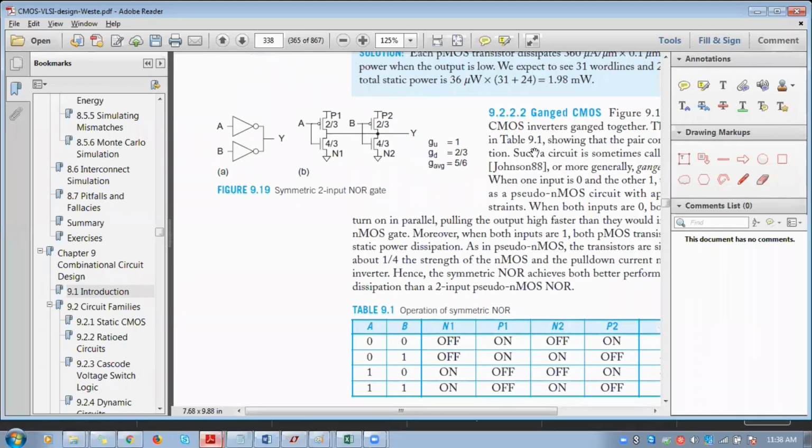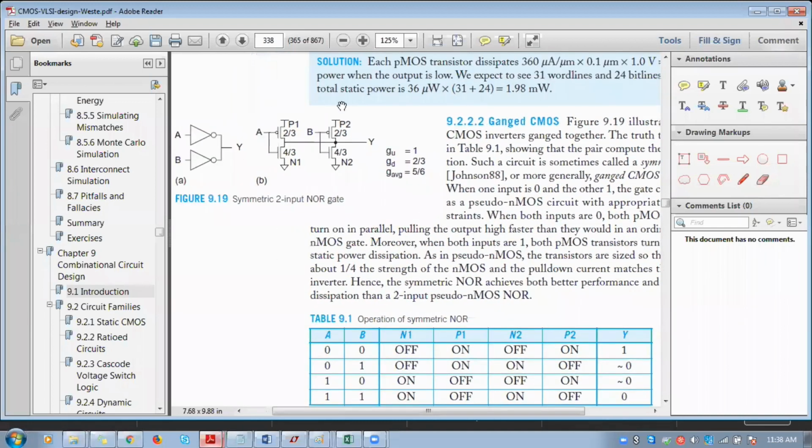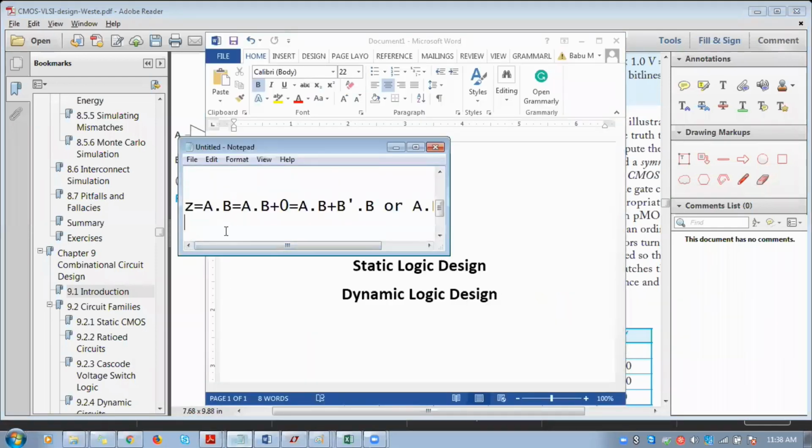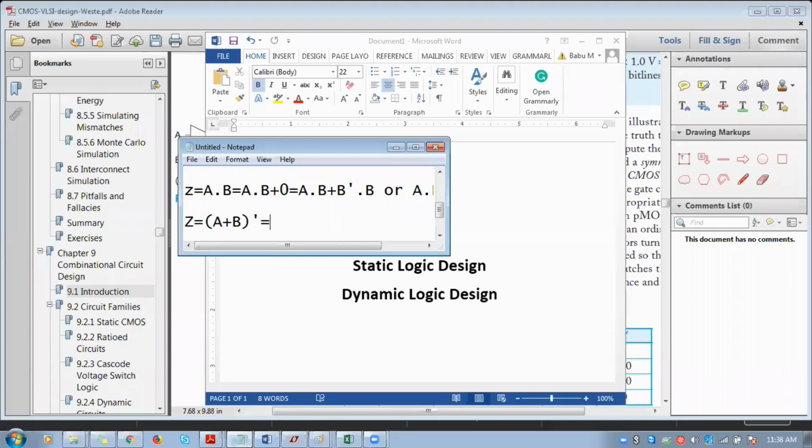While getting this, you may wonder how to draw the circuit. If you are given a logic, for example, this is a NOR gate, right? Z equal to A plus B, the whole bar. How to design this using only inverters? Just apply De Morgan's theorem.